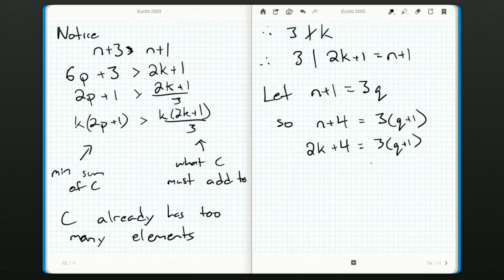That's great. And so to get a factor of 2 here, we've got that. Therefore, 3 divides k plus 2. I don't know if we'll need that. And 2 divides q plus 1. So q's got to be odd.